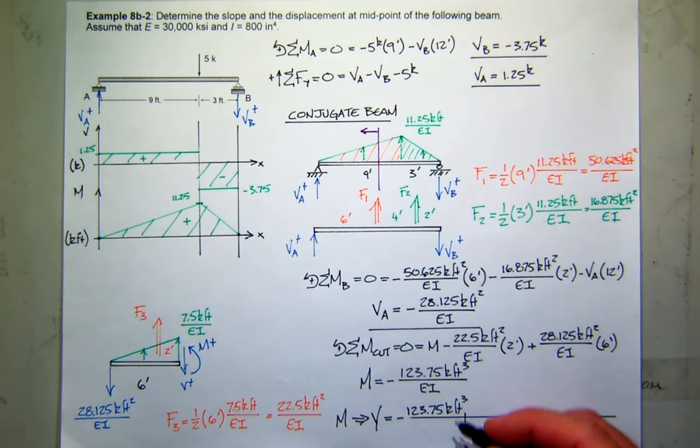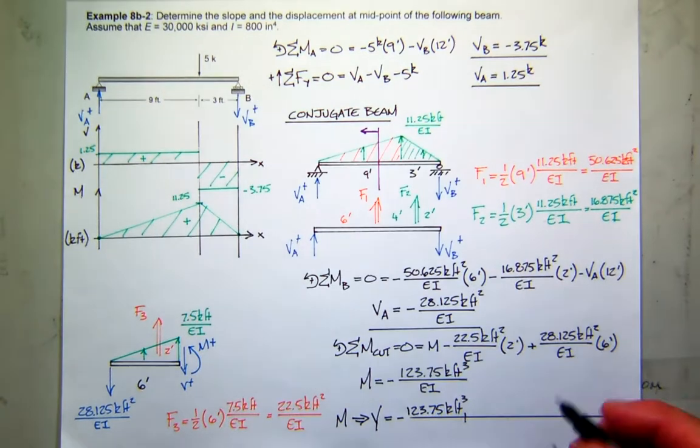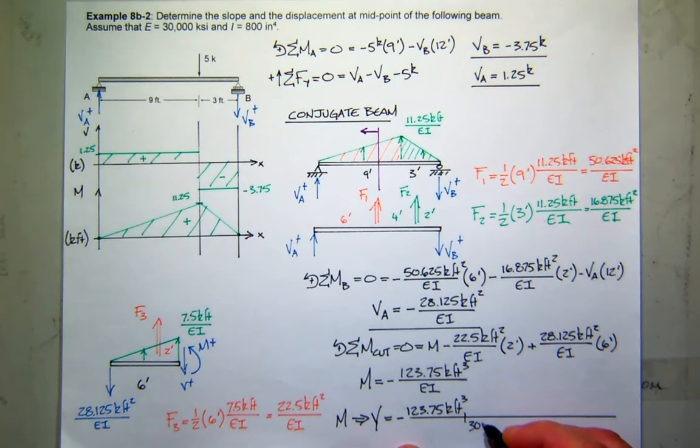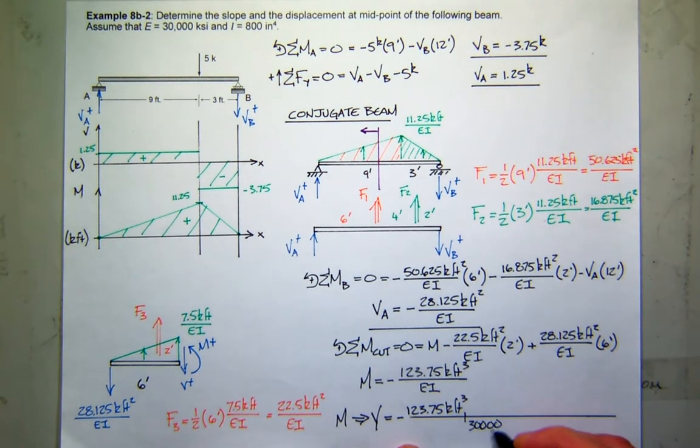In this particular problem, E is 30,000 kips per inch squared. I is 800 inches to the fourth. And then we got to convert this cubic feet to cubic inches.